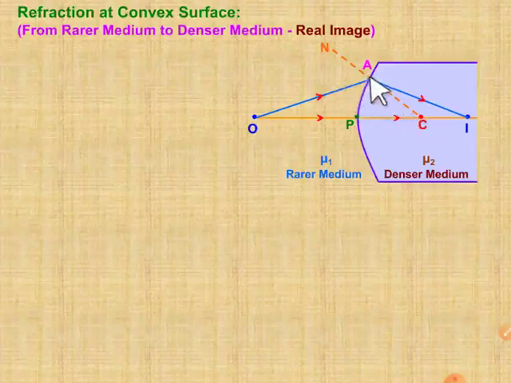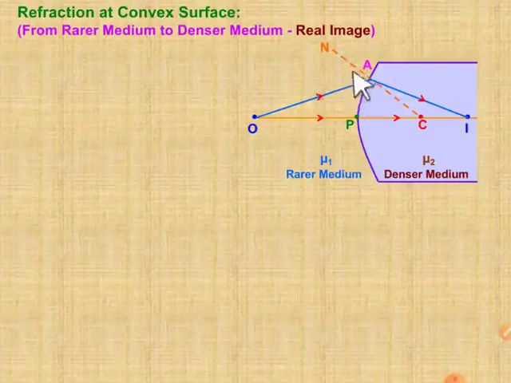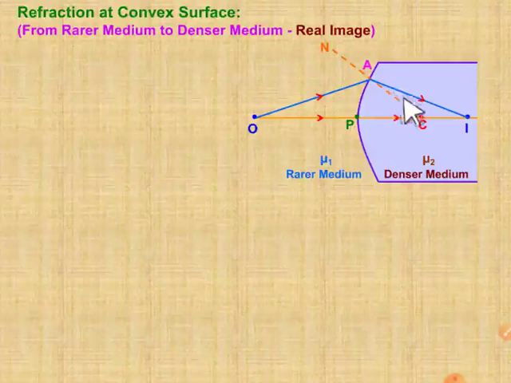Here also it is like that. The angle between the incident ray and the normal, we call the angle of incidence. The angle between the normal and the refracted ray, we call the angle of refraction. Got it?